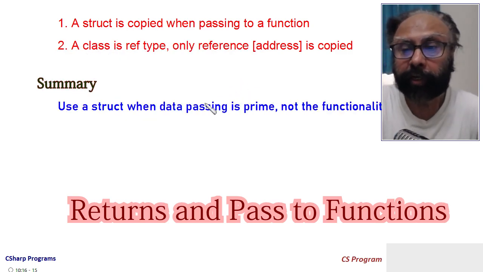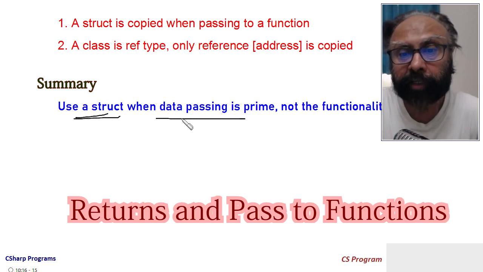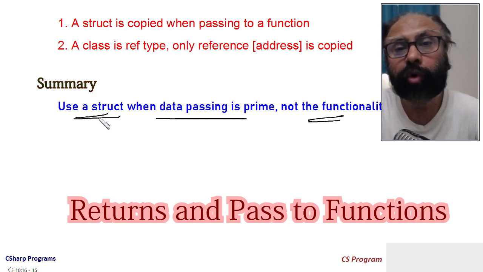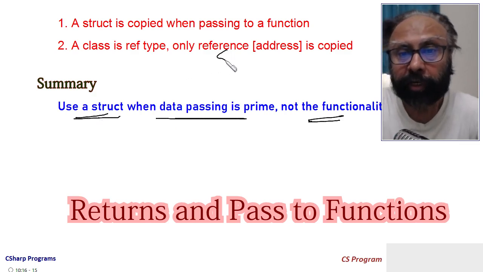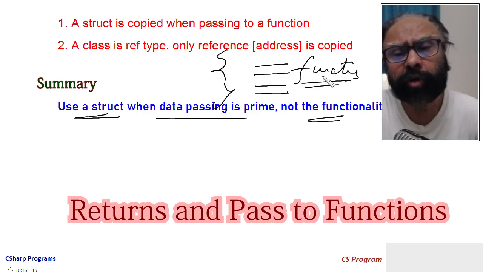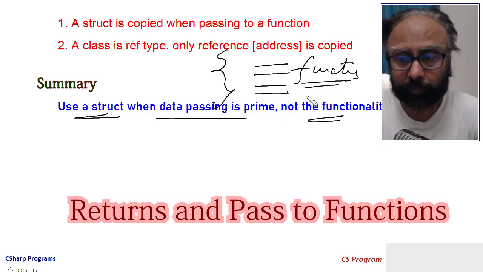And now let me come to the summary. Use a struct when data passing is primary, not the functionality. So a struct will basically hold data. When you have to create something to hold simple data items but not functionality, it's basically a data capsule, a convenient putting together of data items.